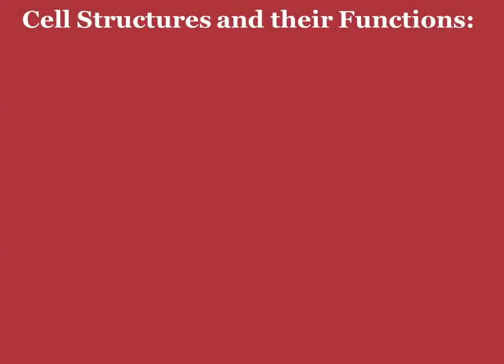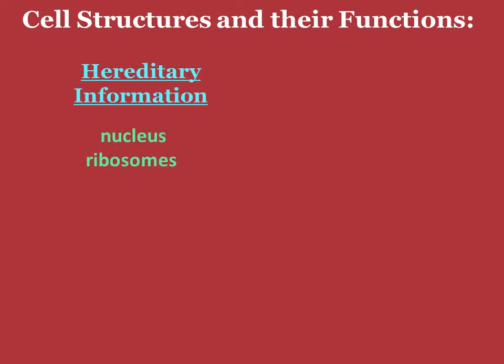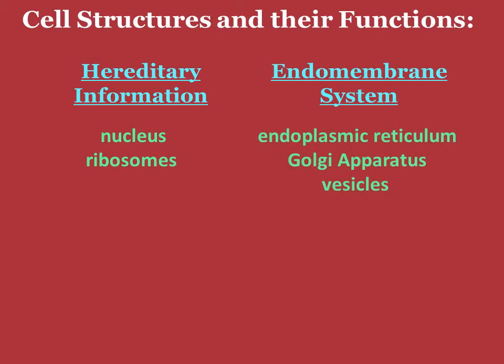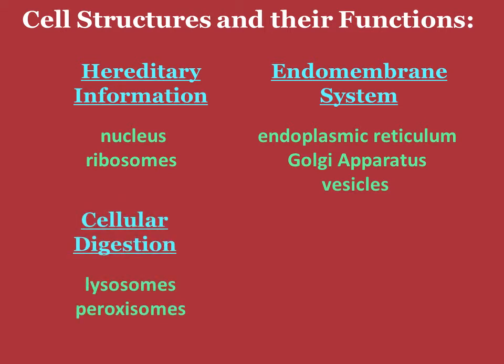The different cell parts will be discussed in order of their functions. First, hereditary information with the nucleus and ribosomes. Endomembrane system with endoplasmic reticulum, Golgi apparatus and vesicles. Cellular digestion with lysosomes and peroxisomes.